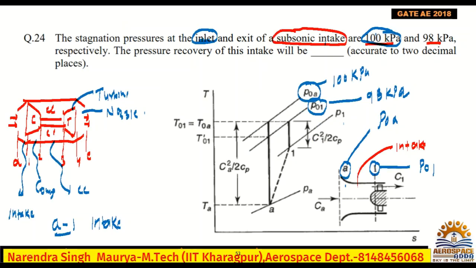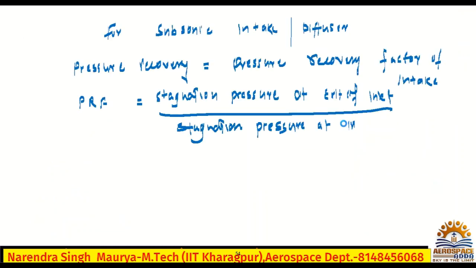Check, at inlet of intake. Exit of intake. Let me correct this. Stagnation pressure at exit of intake divided by stagnation pressure at inlet of intake, or you can write diffuser also. What is the stagnation pressure at exit of intake?